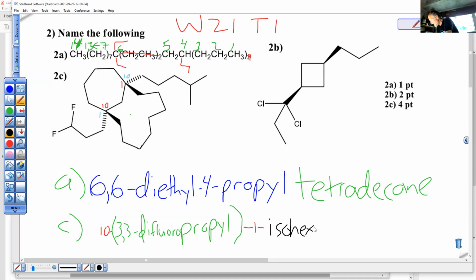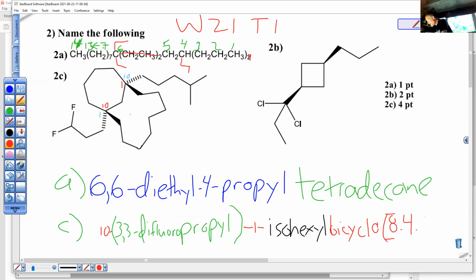And it's a bicyclo. Bicyclo. And it's got bridge size 8. Square box. 8 carbons extra to get from 1 to 10. Now go in this direction. 1, 2, 3, 4 more carbons.